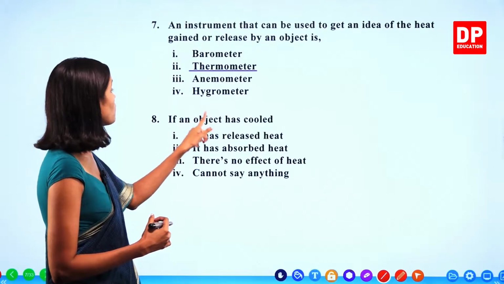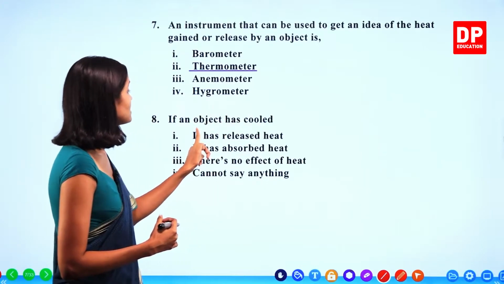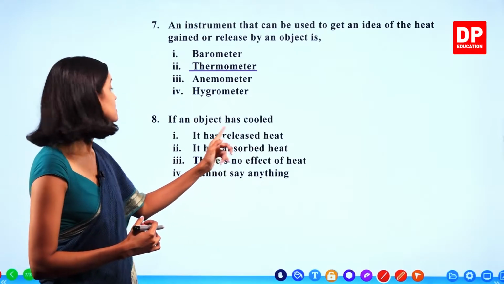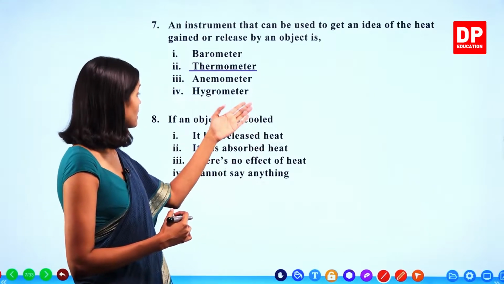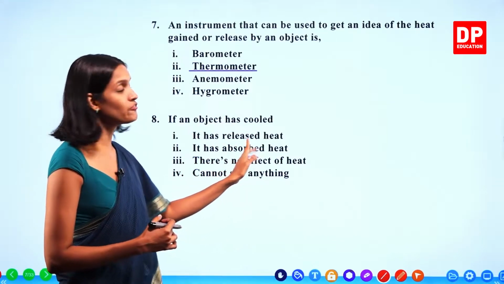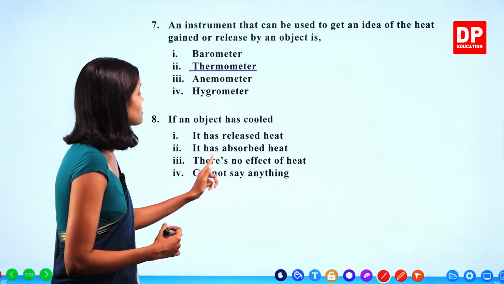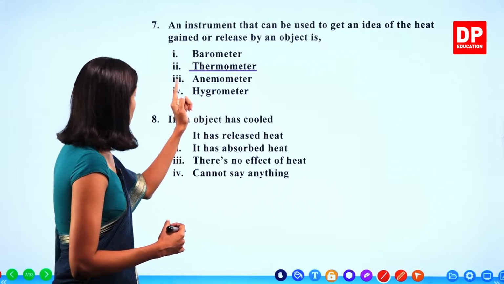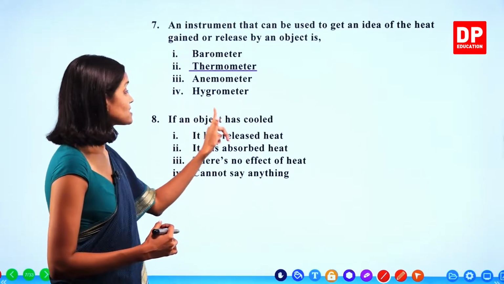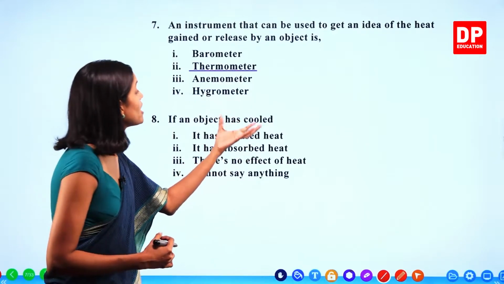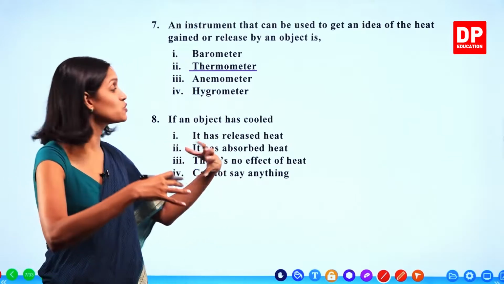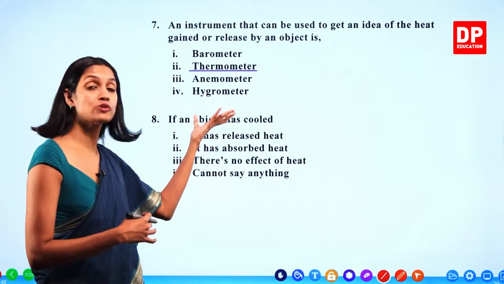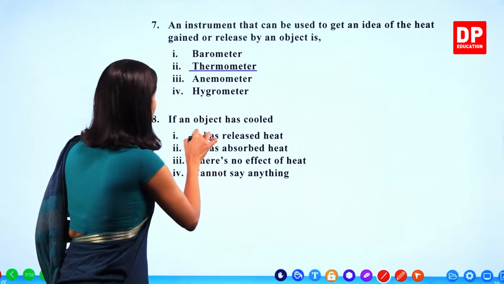Therefore, if an object has cooled, it has released heat. It has absorbed heat? No. There's no effect of heat? No. Cannot say anything? No. The correct answer is it has released heat. So when an object releases its heat to the environment, we call it cools down, right? It has released heat.